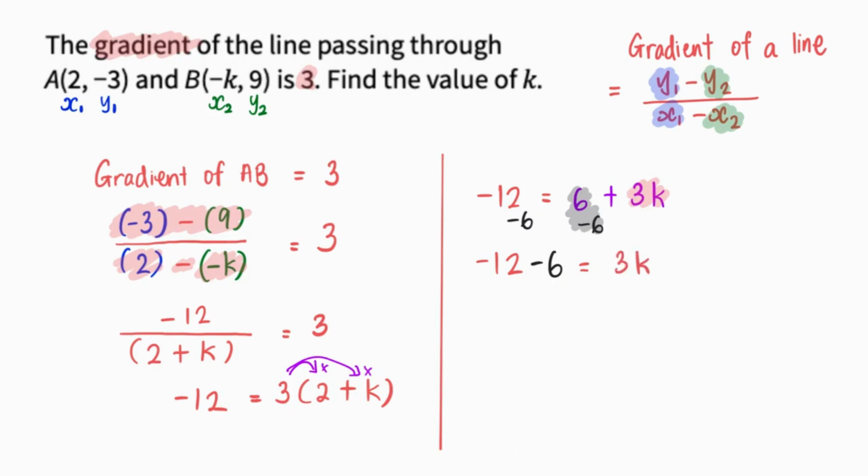So continue to simplify. Negative 12 minus 6 will be negative 18 equals to 3k. So the next step would then for me to divide by 3 on both sides, so that the final answer k will be equals to negative 6.